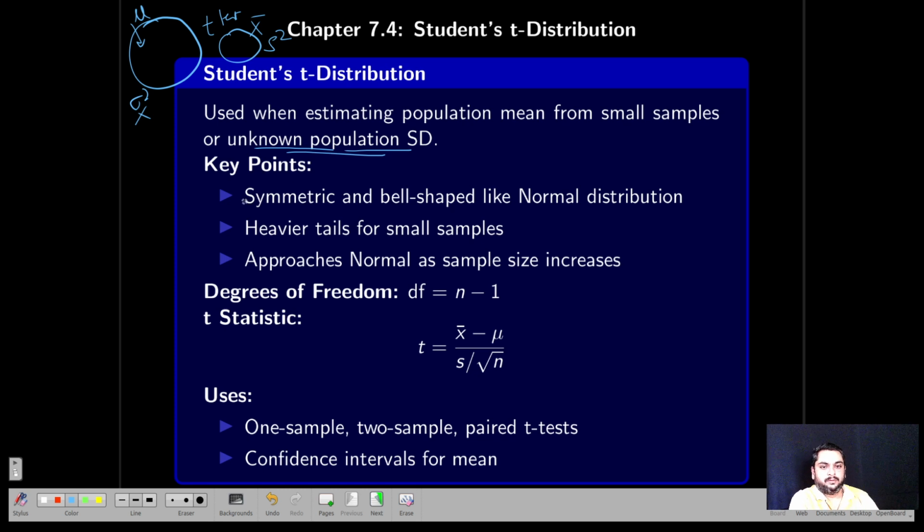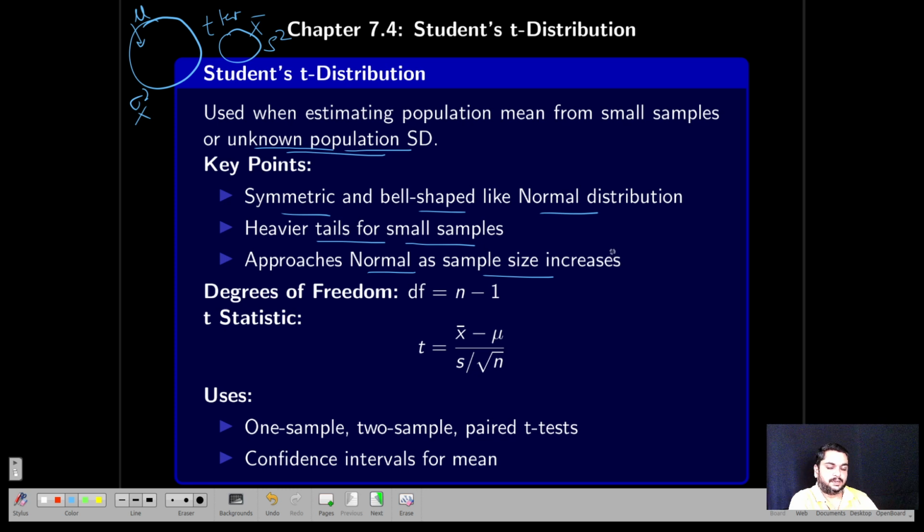So what are the key points? The t-distribution is also symmetric; these are all derivatives of the normal distribution. In the central limit theorem, I will explain exactly how they look in detail. They are symmetric and bell shaped, just like the normal distribution. They have heavier tails for small samples, and approach the normal as the sample size increases.